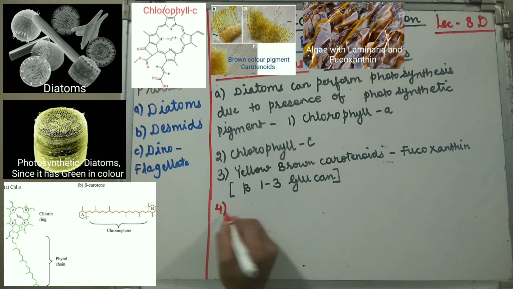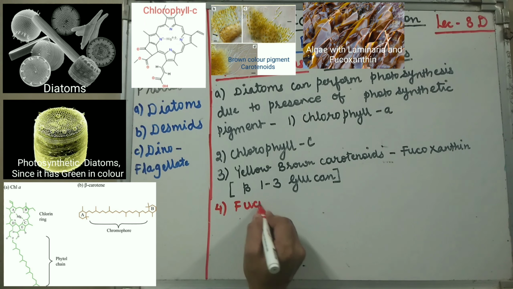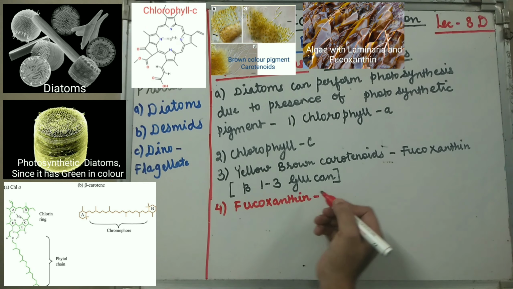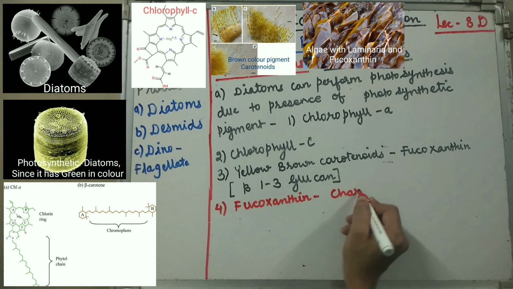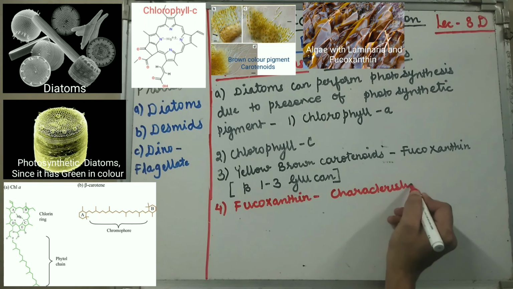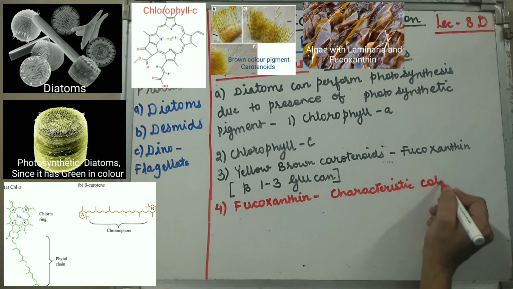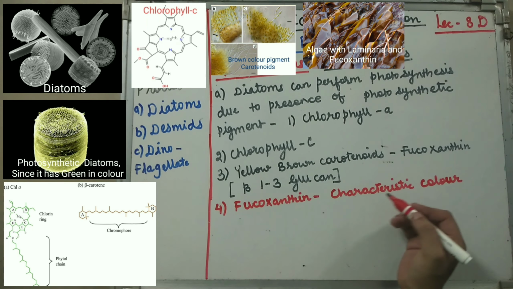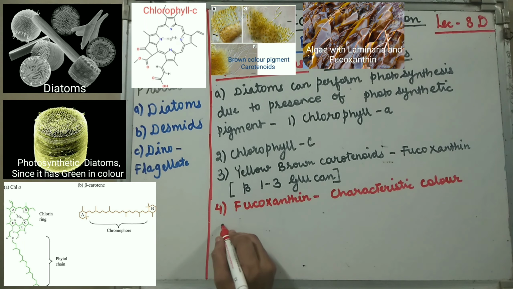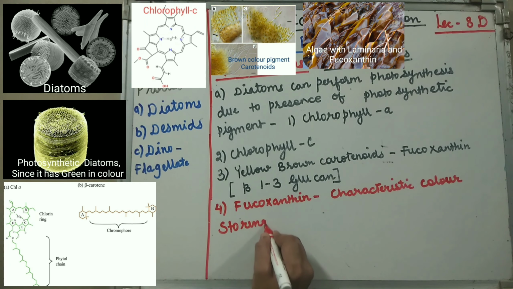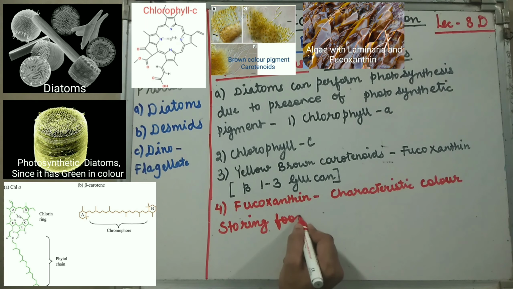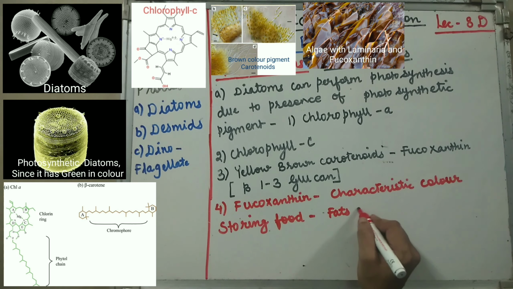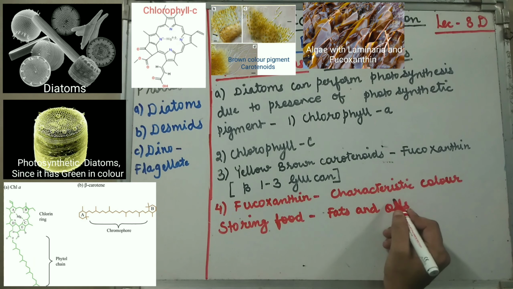Let us see the fourth point. It is because of fucoxanthin that they get their characteristic color, that is golden brown algae, and it is because of fucoxanthin that it has the potential for storing food in the form of fat and oils, but they have some specific name.